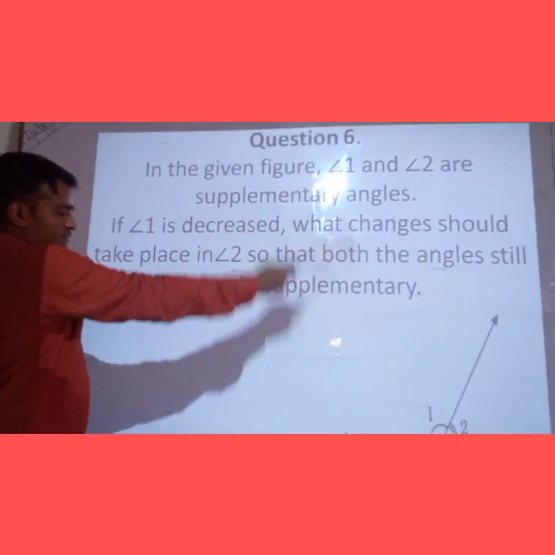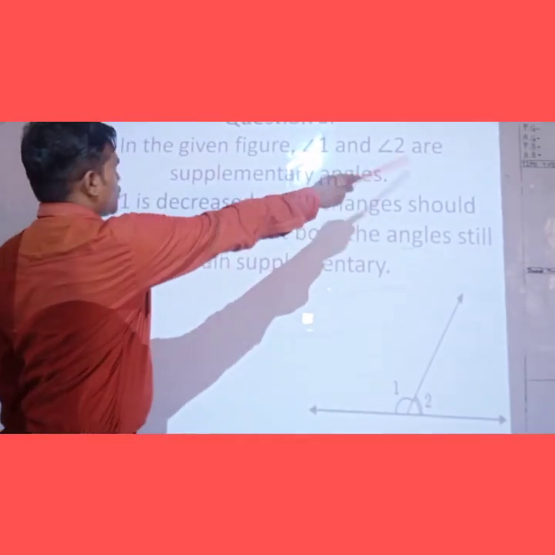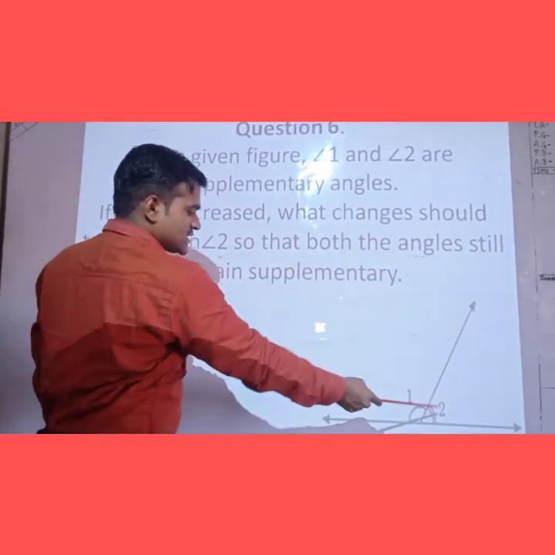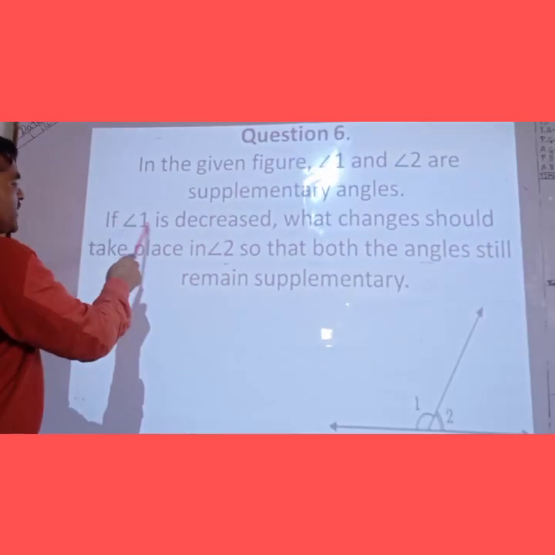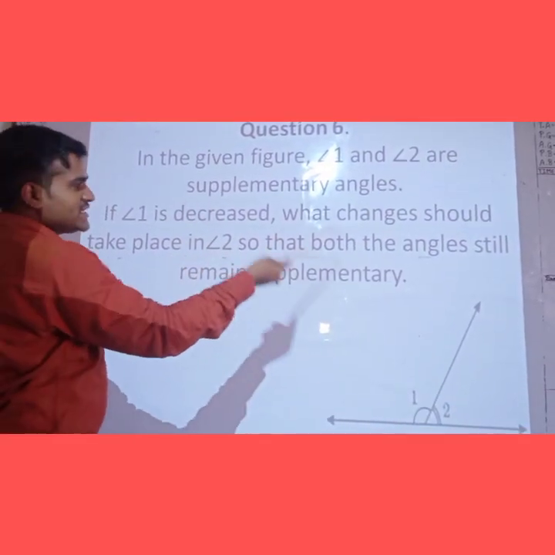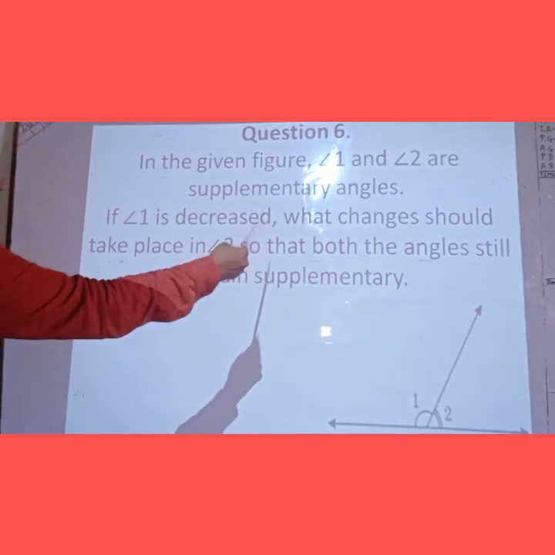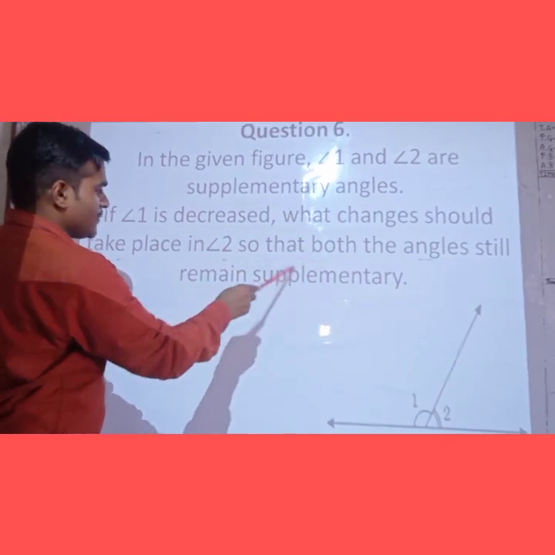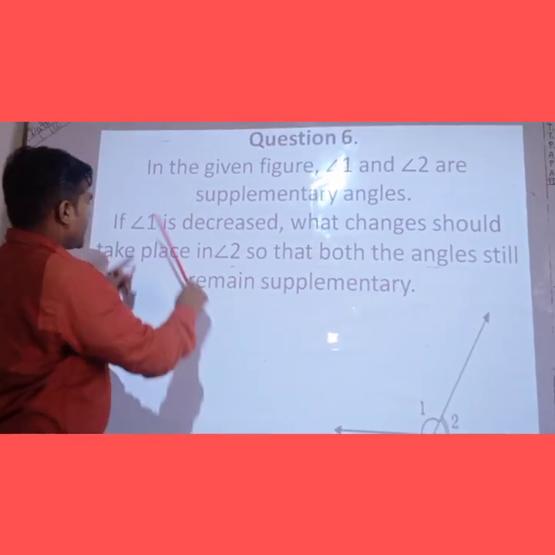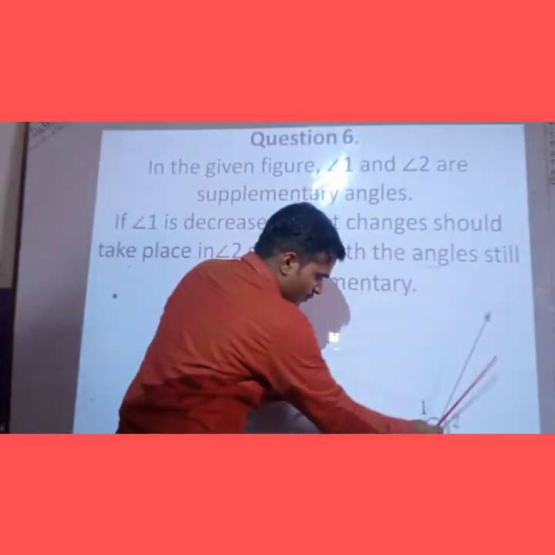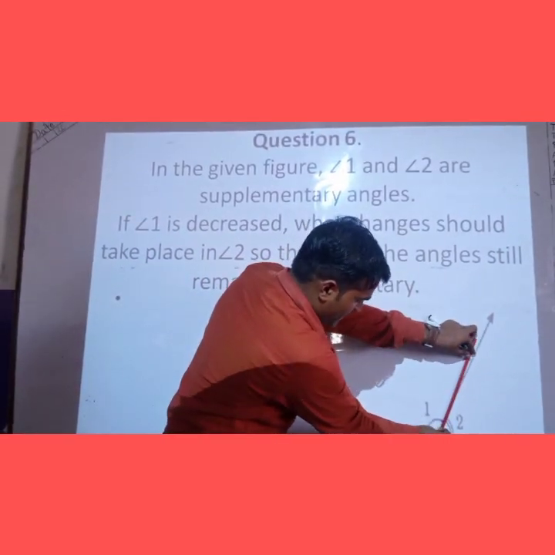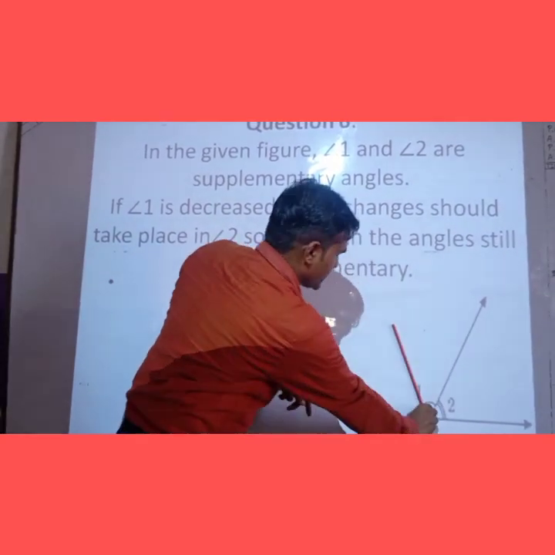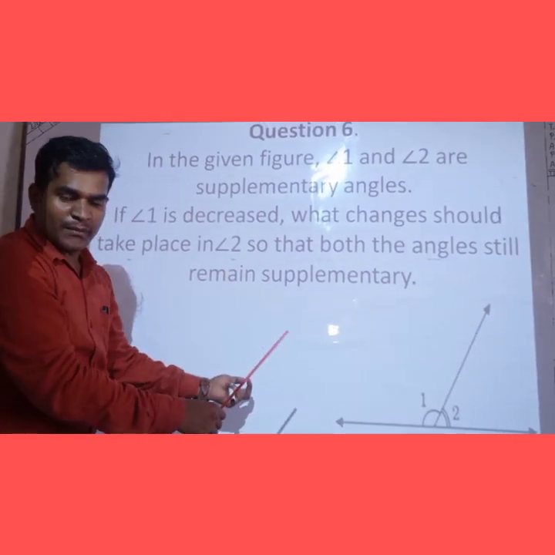In the given figure, angle 1 and angle 2 are supplementary angles. It means the sum of these two angles is 180 degrees. If angle 1 is decreased, what change should take place in angle 2 so that both angles still remain supplementary? So children, if angle 1 is decreasing, then angle 2 is increasing, that's why they remain supplementary.